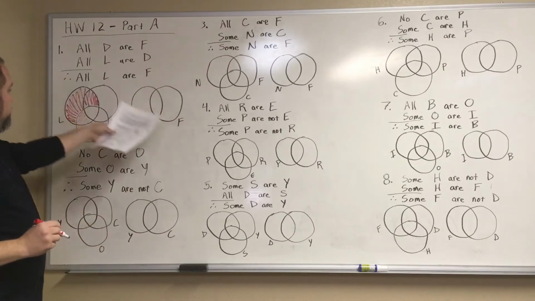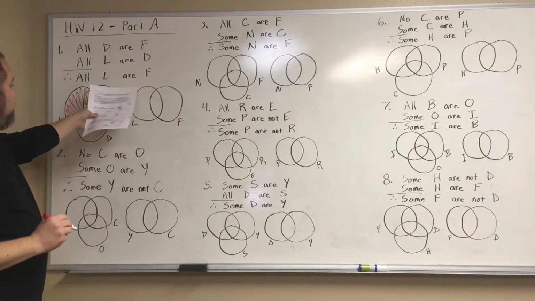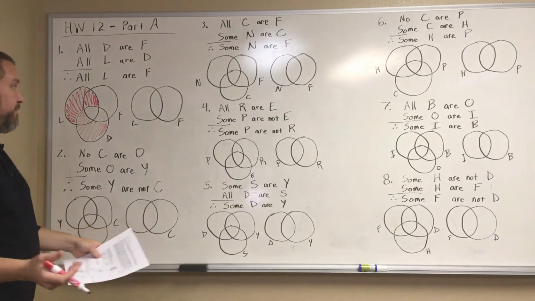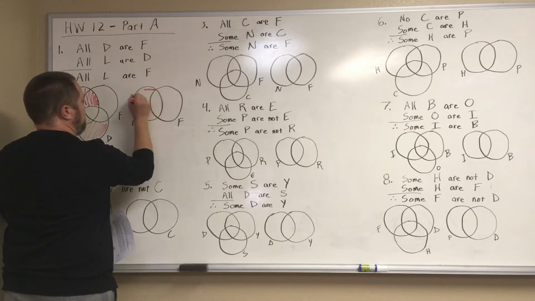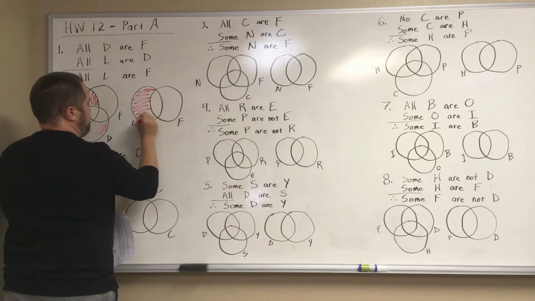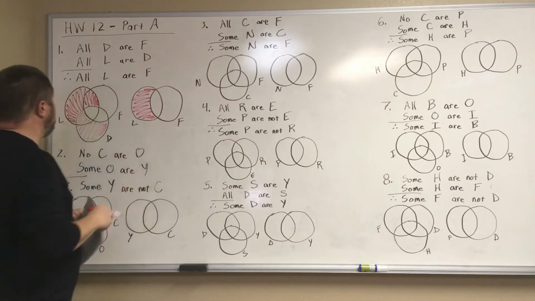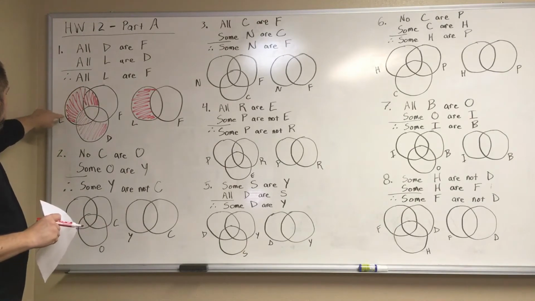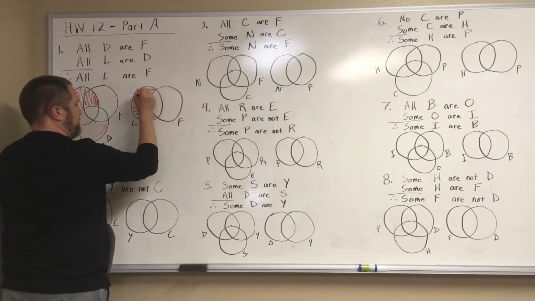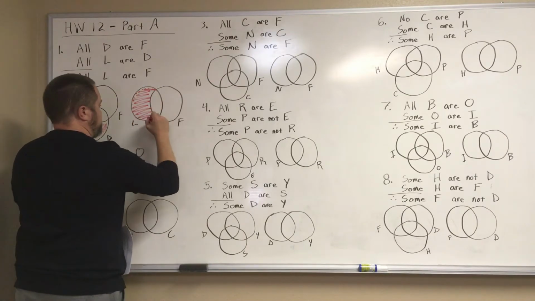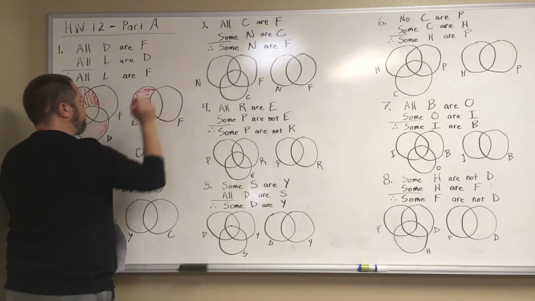And then we go to the two-circle Venn diagram for the conclusion to see if it's giving us the information that we're asking for. All L are F. So we're going to eliminate this area over here. And we look over here and see if all the information that this is giving us is that this area right here is shaded in.